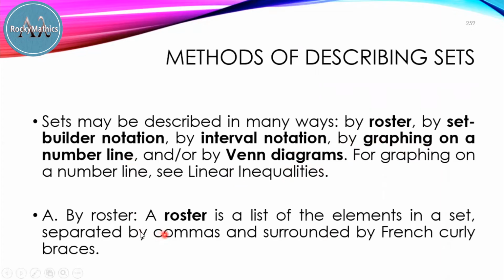What is a roster method? A roster is a list of the elements in a set, separated by commas and surrounded by curly braces. So, for example, we describe the set using the roster method by listing down all the elements, or enumerating all the elements.